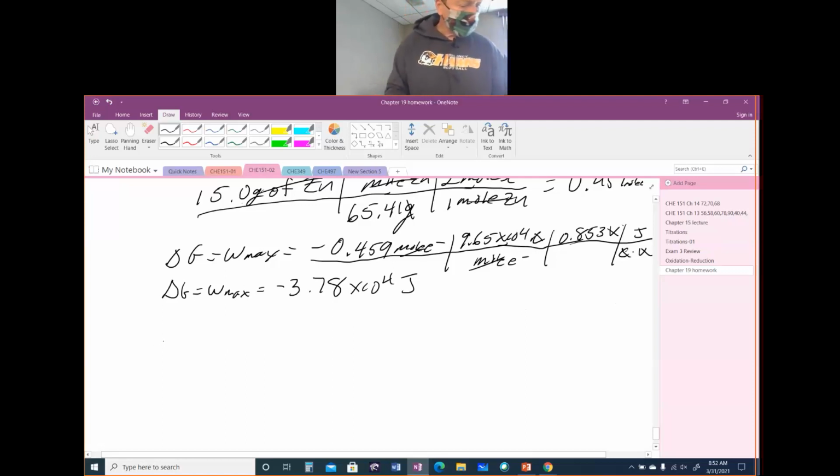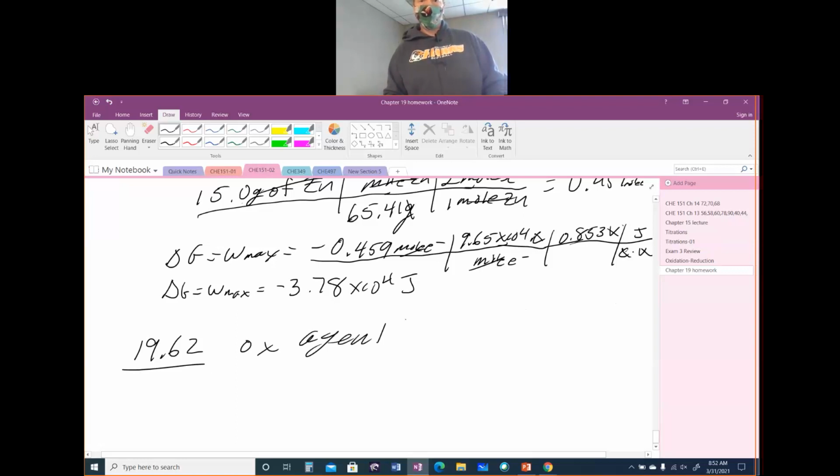So let's go to 1962. All right, order the following oxidizing agents. So we're looking at oxidizing agents. When you're looking at an oxidizing agent, you're of course looking at the reduction half reaction. The reactant of a reduction half reaction is your oxidizing agent.